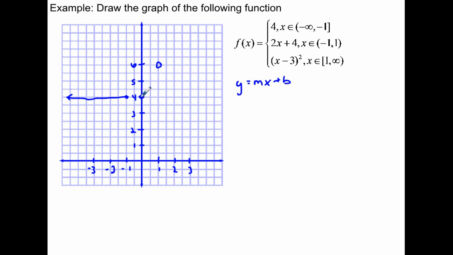And if I do the same thing in the opposite direction, so it'll be down 2 and over 1, I should have an open circle here as well. And then I'm going to connect my dots with a straight line.